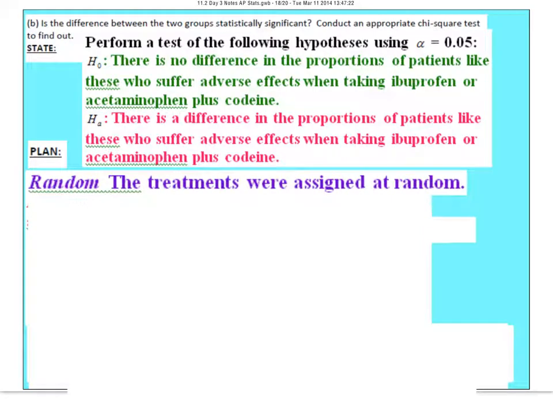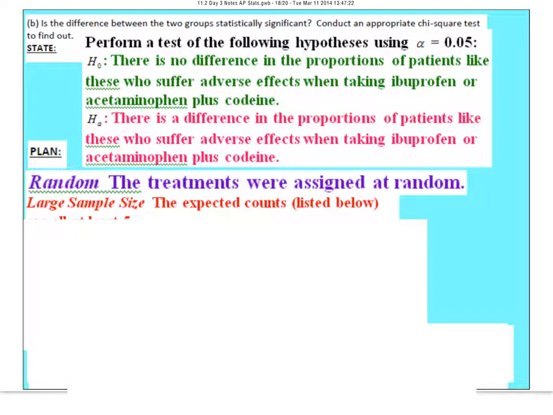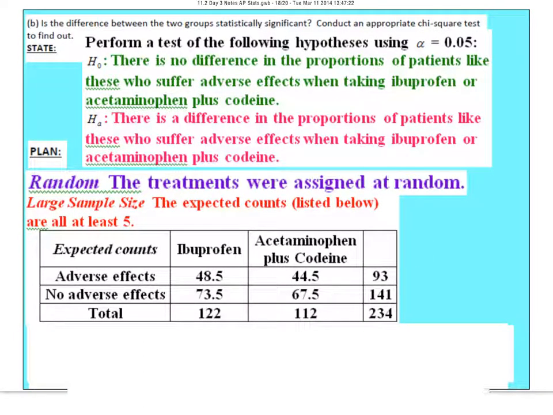So for the plan, randomness: the treatments are randomly assigned, so we're fine. In terms of large sample size, the expected counts are all greater than 5. Remember, we could have calculated this. For example, to get the 48.5, I would do 93 times 122 over 234, or run the test and look at matrix B in my calculator.